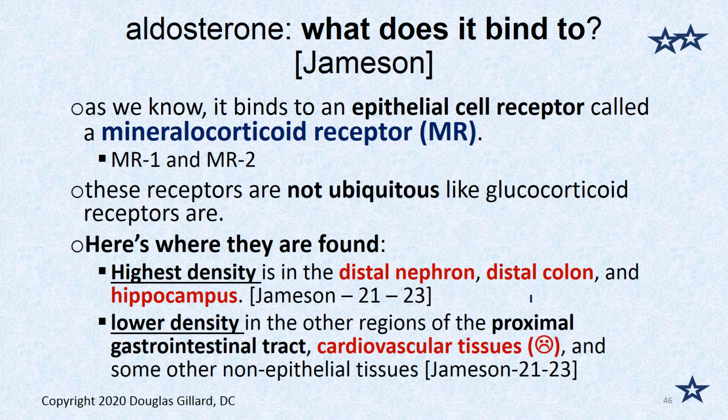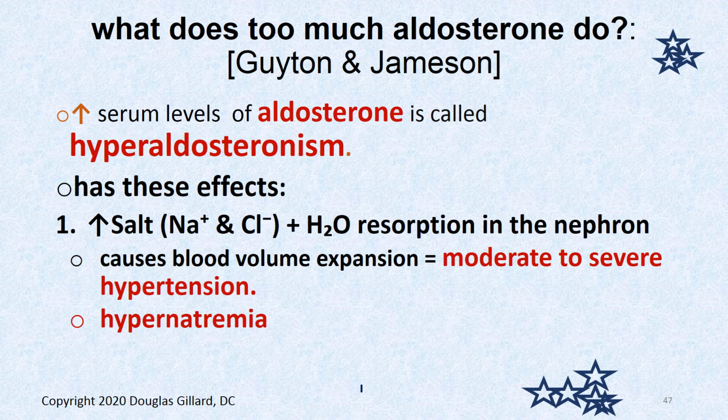You can think of the colon as a kind of large nephron, because it has the same effect. The colon can reabsorb salt and water and spit out hydrogen ion and potassium just like the nephron can. There are some lower density regions of MR receptors in the proximal GI tract, the cardiovascular tissue, which is where our problem comes in, and in some non-epithelial tissues, which we won't get into.